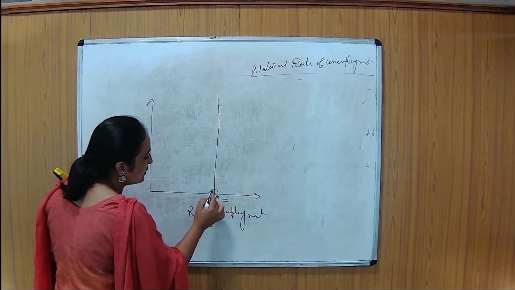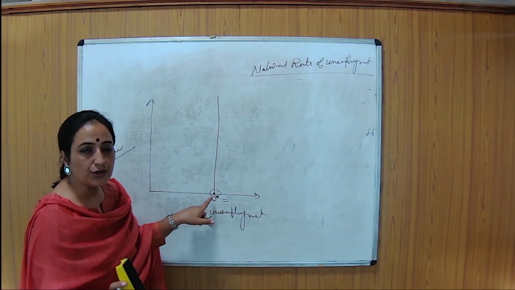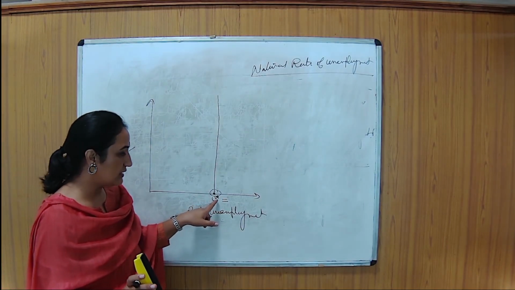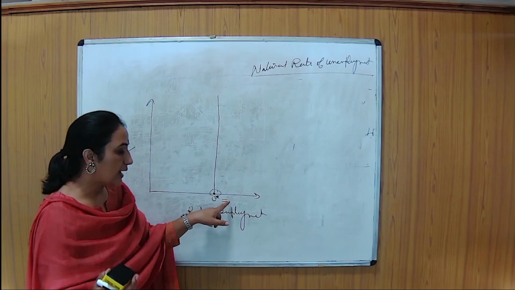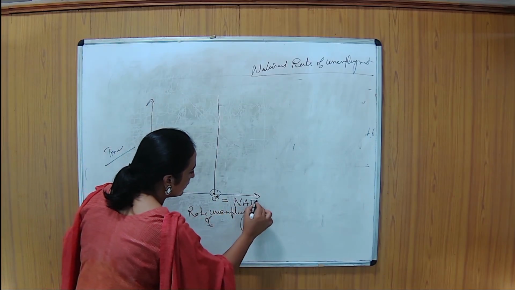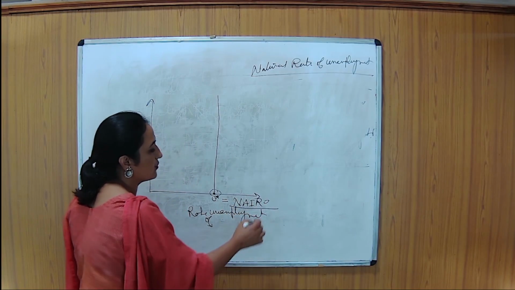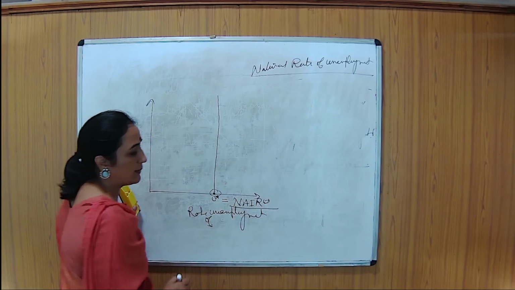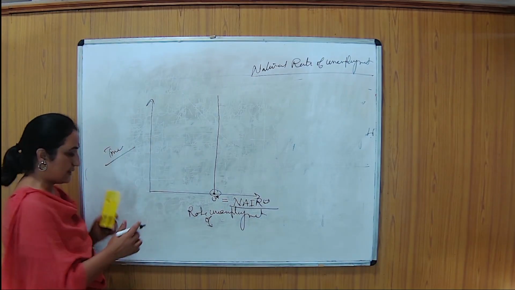This is the point where, due to steady inflation, there is a natural unemployment, and it is also known as NAIRU. NAIRU stands for non-accelerating inflation rate of unemployment. So we will try to understand this.